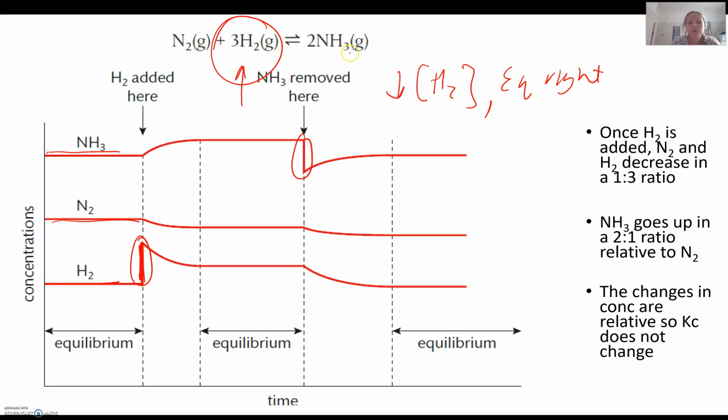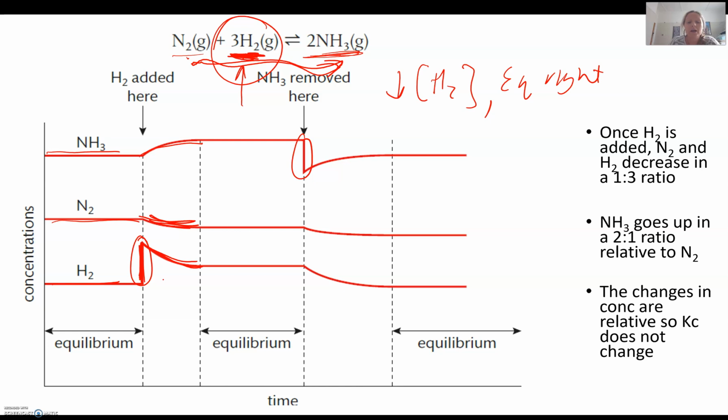So if the equilibrium shifts to the right, we would expect the concentration of NH3 to go up, which we see. And because N2's done nothing except get used up by the fact that the equilibrium's now shifting to the right, we would see the N2 decreasing, which we also see. And because this was increased, and because now we're shifting the equilibrium to the right in order to decrease this, we also see a decrease here.